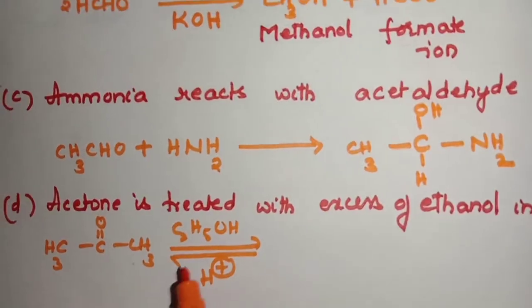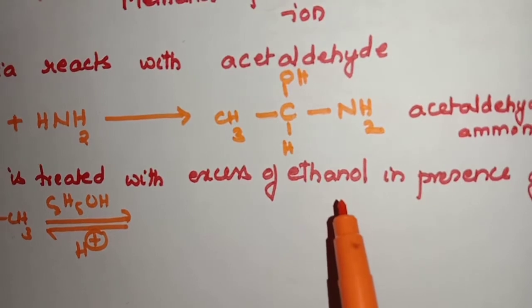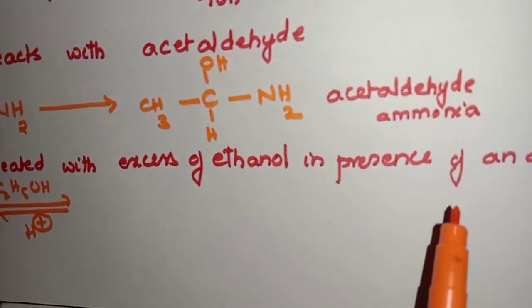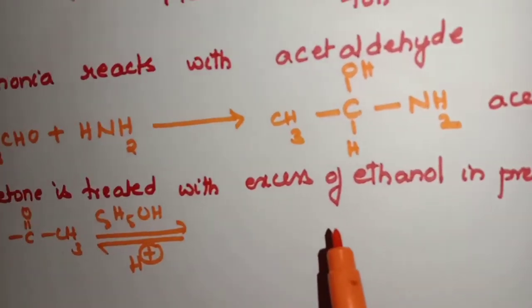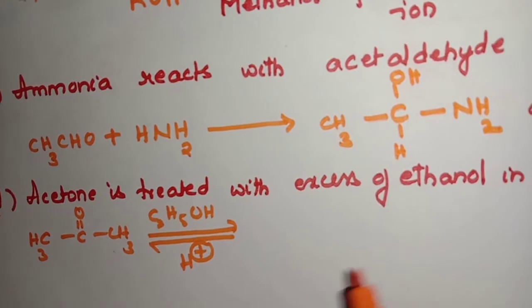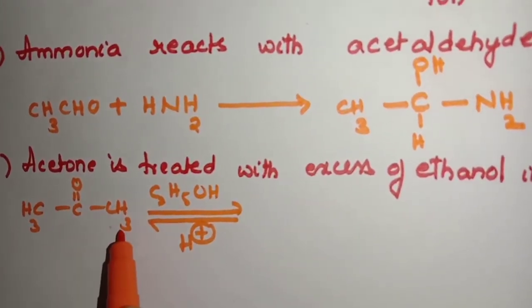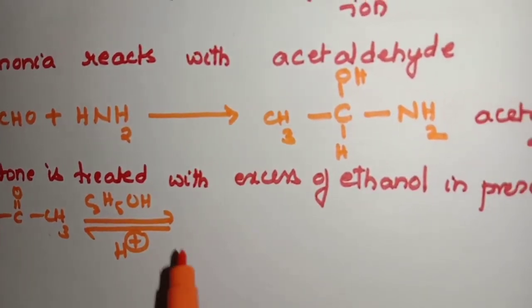Next, when acetone is treated with excess of ethanol or ethyl alcohol in the presence of an acid. So I have written here acetone, CH3C=OCH3, plus C2H5OH in the presence of an acid.